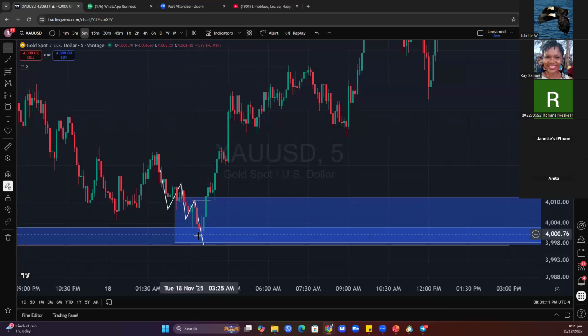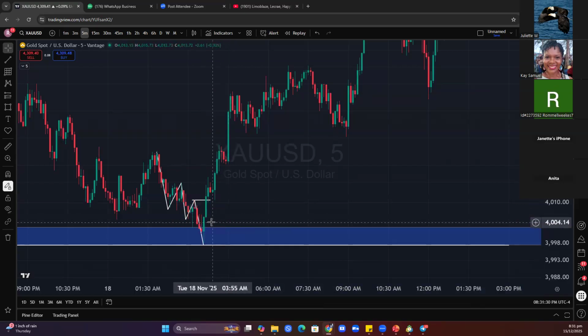We have that engulfing candle. You can see the engulfing here in a 3 candle pattern. And what it basically did is it created the imbalance right here. I'm gonna move this just so that you can see what I'm saying.